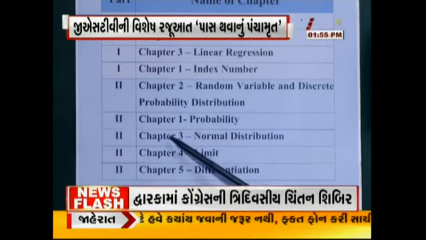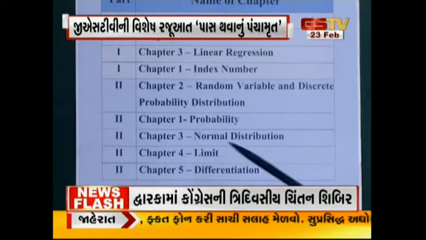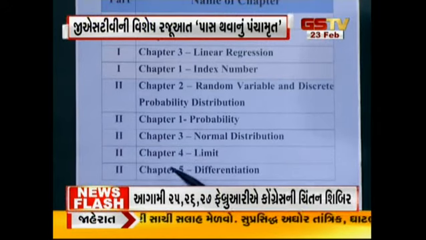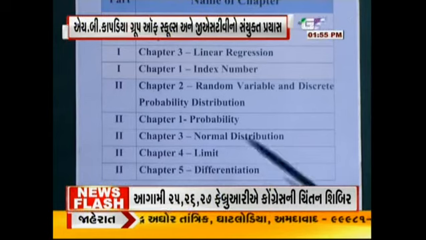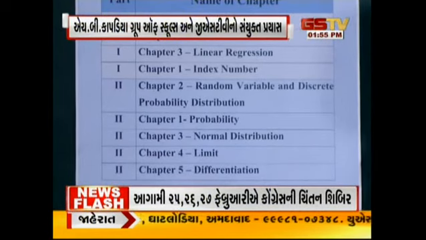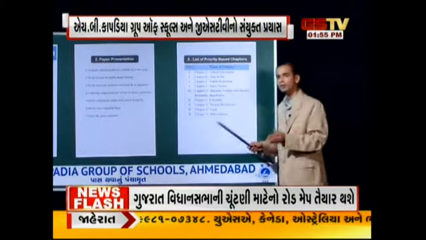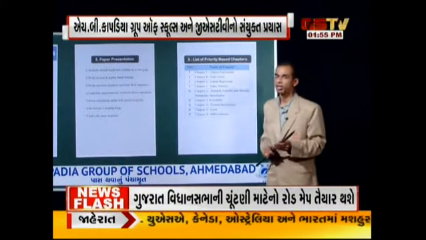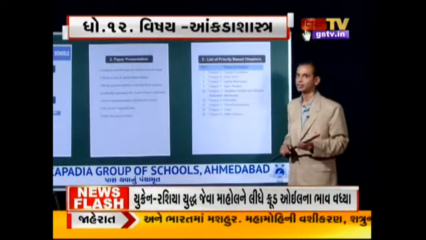Next, you can go for chapter 3 normal distribution. These 2 chapters are somewhat typical for the average student. So chapter 4 limit, and then after you go for chapter 5 differentiation. In this order, if you start your proper preparation, you can easily score very good marks in your exam.